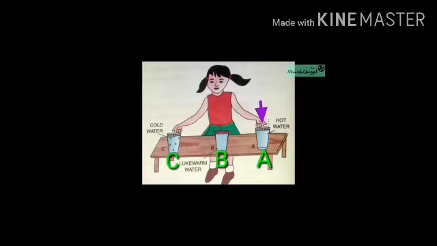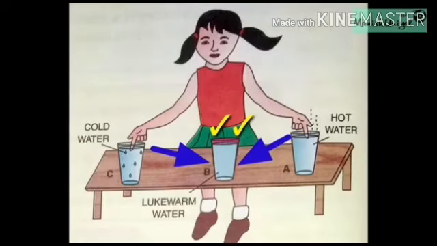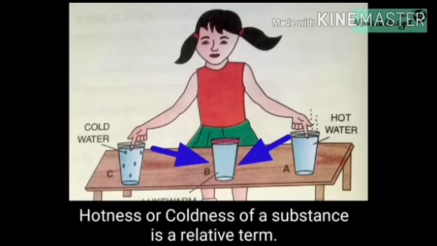Put one finger in glass A and another finger in glass C. After some time, put both fingers in glass B. What does she feel? She felt different sensations in her two fingers. This means that hotness or coldness of a substance is a relative term.